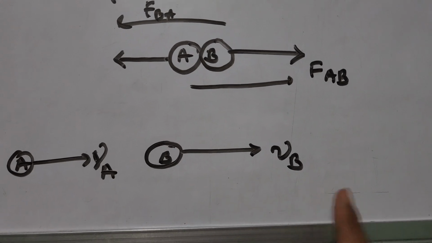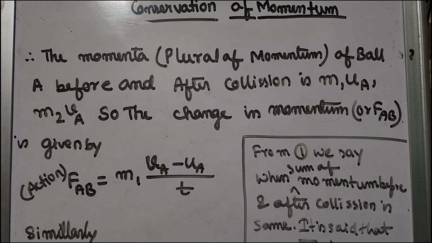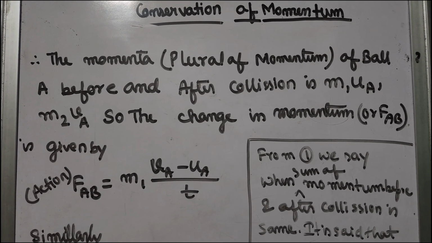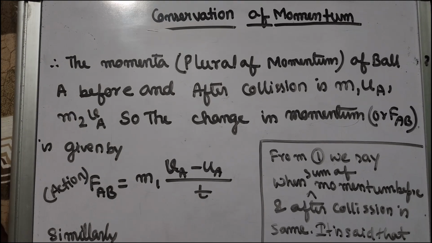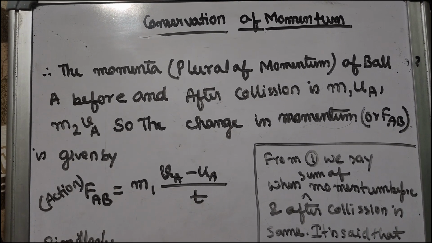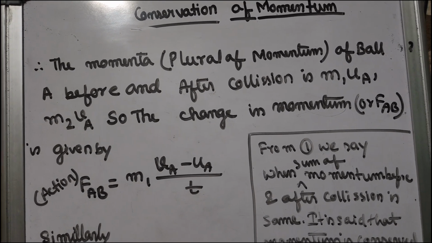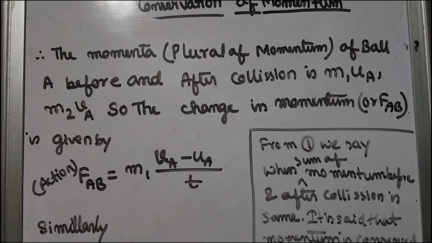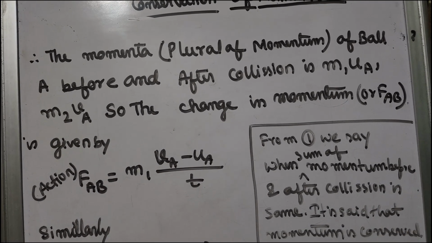The momenta of ball A before and after collision are m1 ua and m1 va. So the change in momentum, or force FAB, is given by action FAB equal to m1(va minus ua)/t.